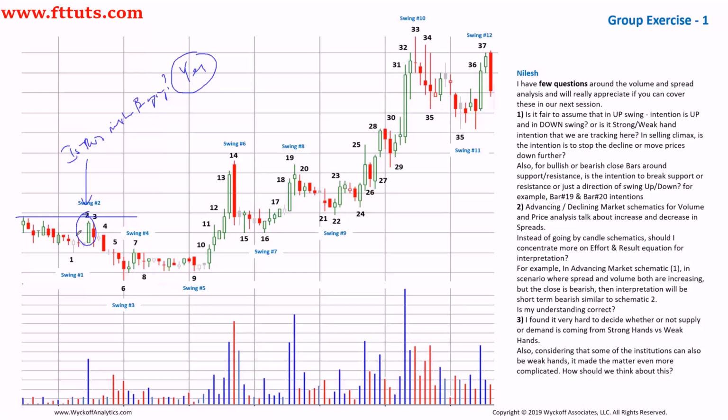The intention was to overcome the resistance and commit to the upside. So therefore, the weak hands were buying and the strong hands were selling. So therefore, yes, institutions are buying on this bar and they are weak hands. So those institutions that are buyers at this point, we would be thinking of as weak hands.